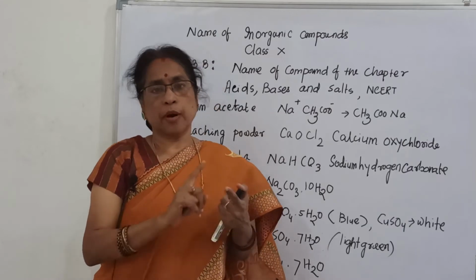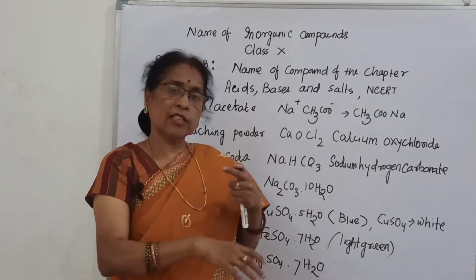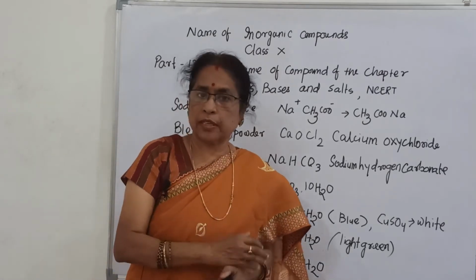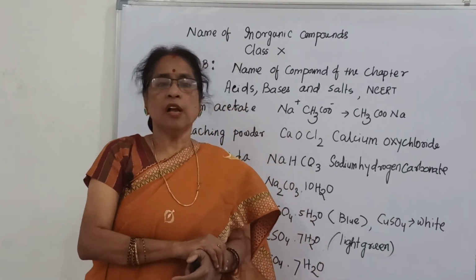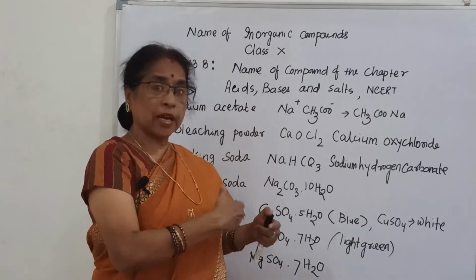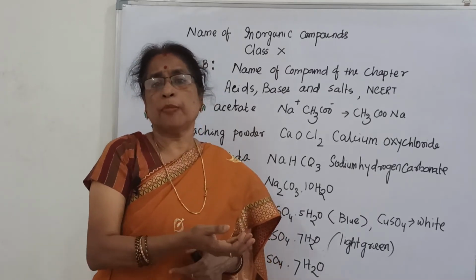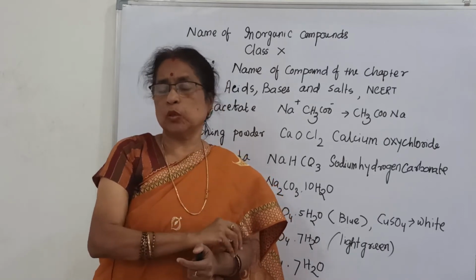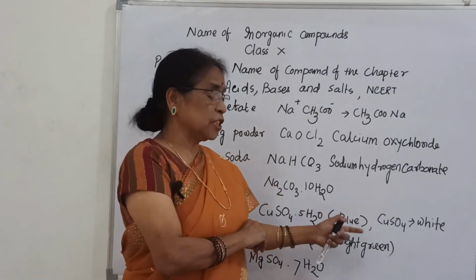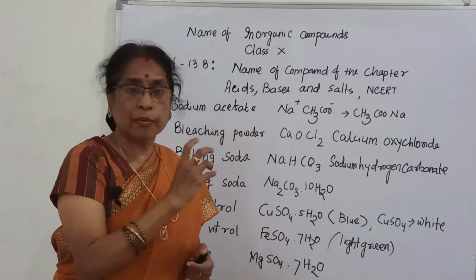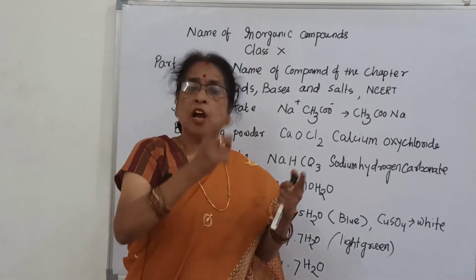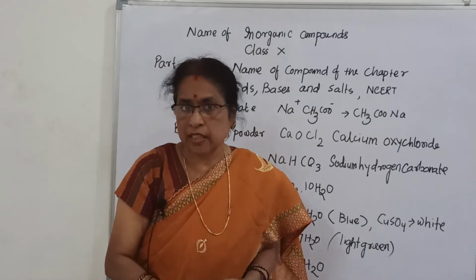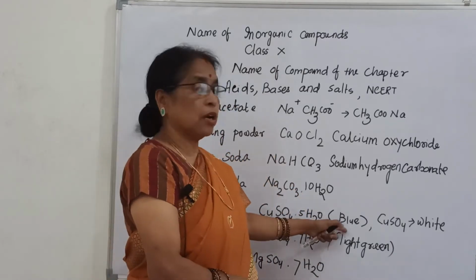When 1 molecule of copper sulfate is crystallized with 5 molecules of water, it is called blue vitriol, and in the lab you can generally say copper sulfate. Copper sulfate with 5 molecules of water is blue color.